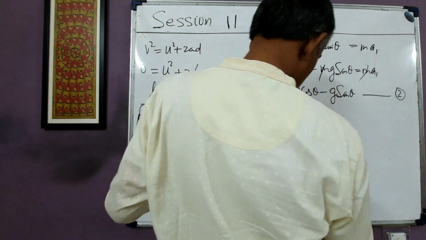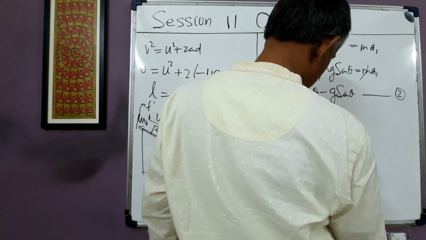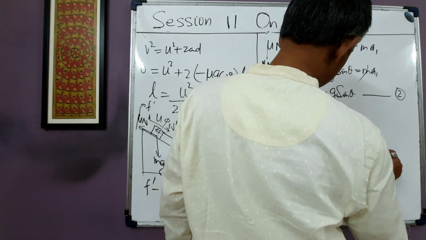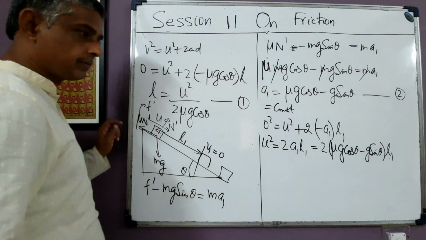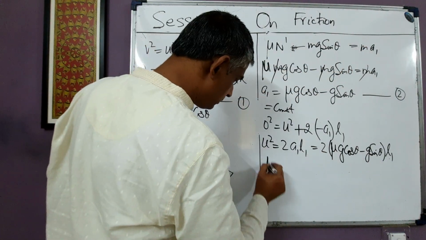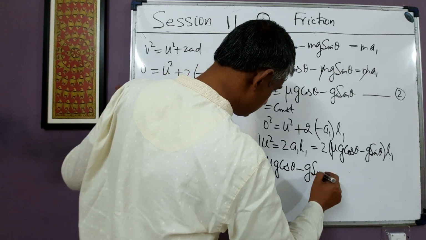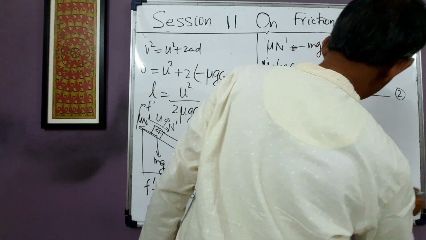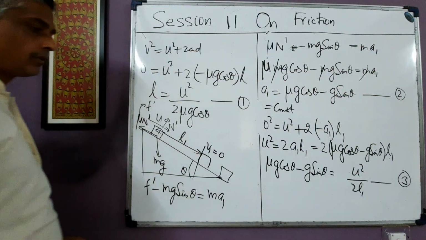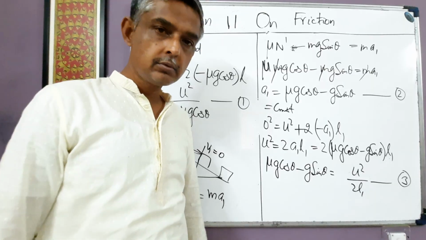Alright. a1 becomes what? Mu g cos theta minus g sin theta, into L1. So from this it follows that mu g cos theta minus g sin theta is simply u square by 2L1. This is the third equation. So mu g cos theta minus g sin theta is u square by 2L1. Alright, fine.